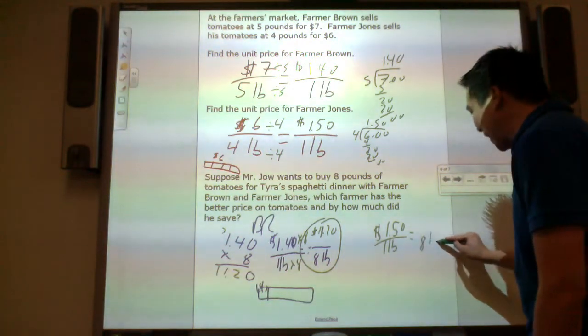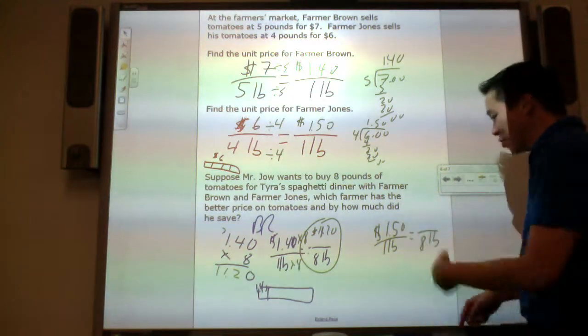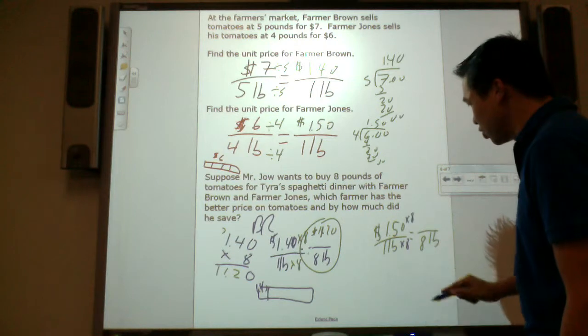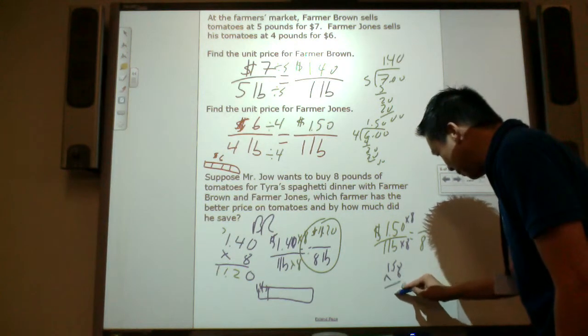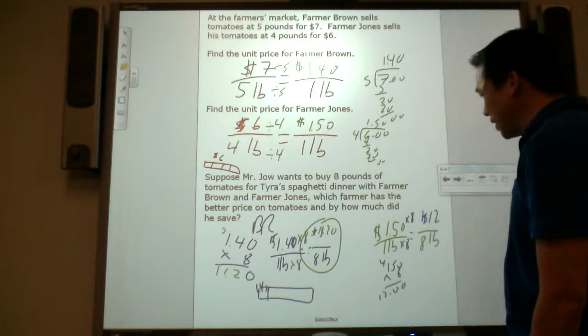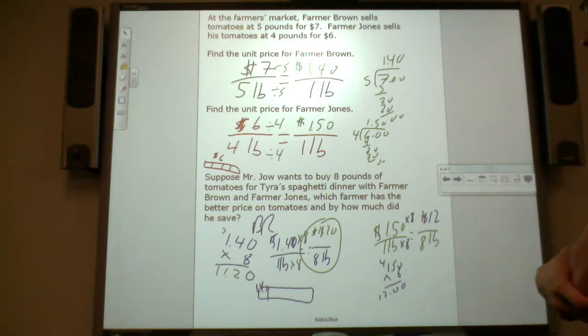I want to buy 8 pounds of it. Each pound costs $1.50. If I buy 8 pounds, I need to multiply by 8. So $1.50 times 8 would be $12 for 8 pounds.